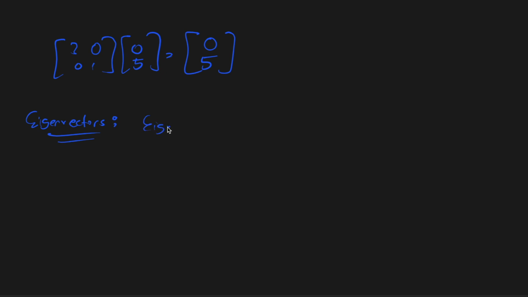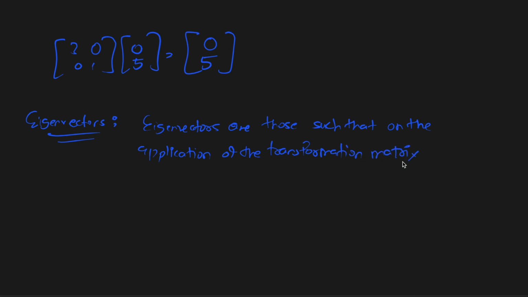So eigenvectors are those vectors such that on the application of the transformation matrix, they remain parallel or become anti-parallel.